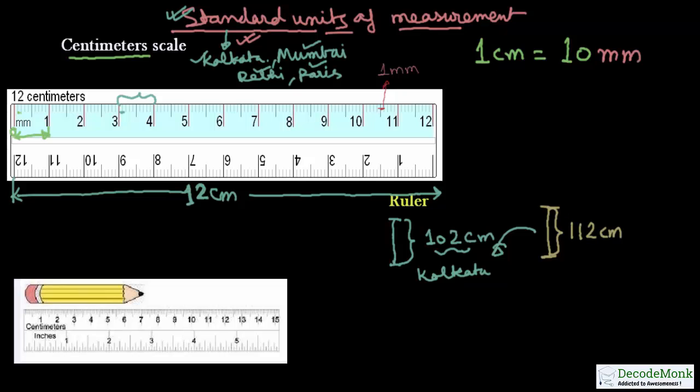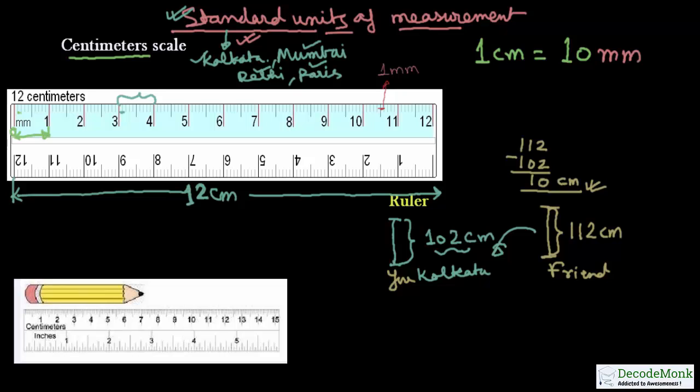So now if I ask you who is taller, your friend or yourself, then obviously your friend is taller than you. And if I ask you by how much centimeter your friend is taller than you, then simply you will find out the difference. 112 minus 102 comes out to be 10. So your friend is taller than you by 10 centimeters. So this will be your answer.